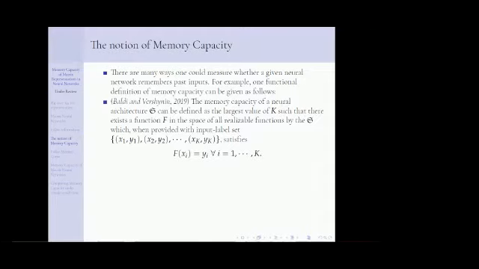So let's resume. The two authors here, Baldi and Vershynin, defined the memory capacity of a neural architecture as the largest size of the data set which the neural network can remember correctly. So what is that biggest size and how can it remember correctly? Well, if there exists a function in the space of all realizable functions by S, because any neural network is just a function approximator.